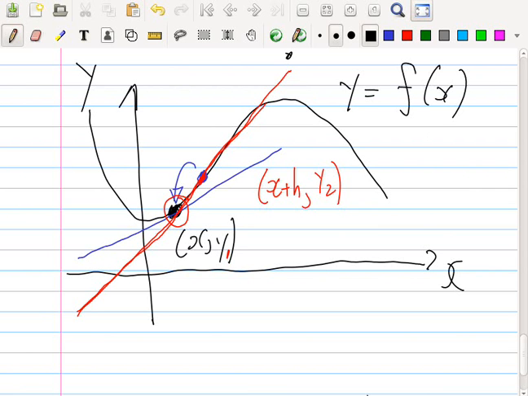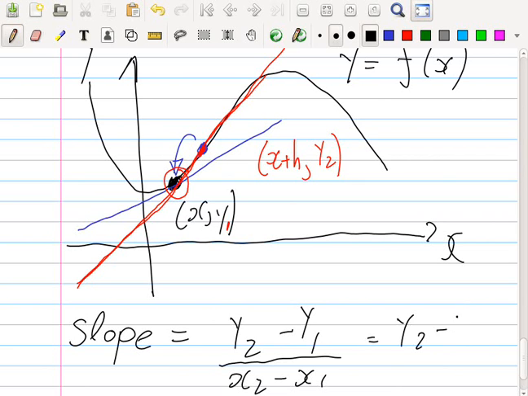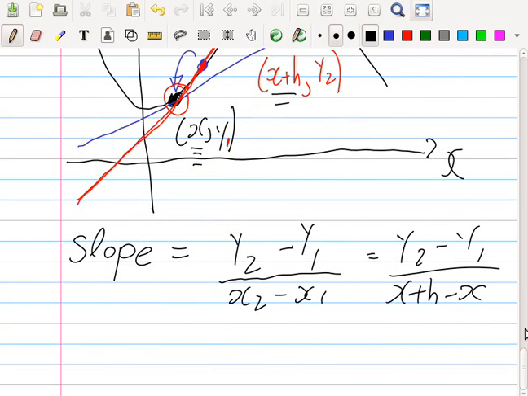Alright, so using our regular formula for slope, what's the formula for slope? y2 minus y1 over x2 minus x1, which here will be y2 minus y1 over x plus h minus x. There's x2, there's x1. Now what happens in the denominator? x cancels. Now I need to find what the y's are.